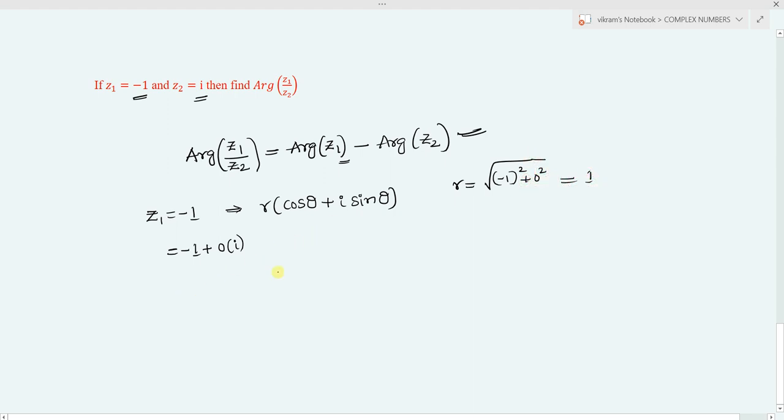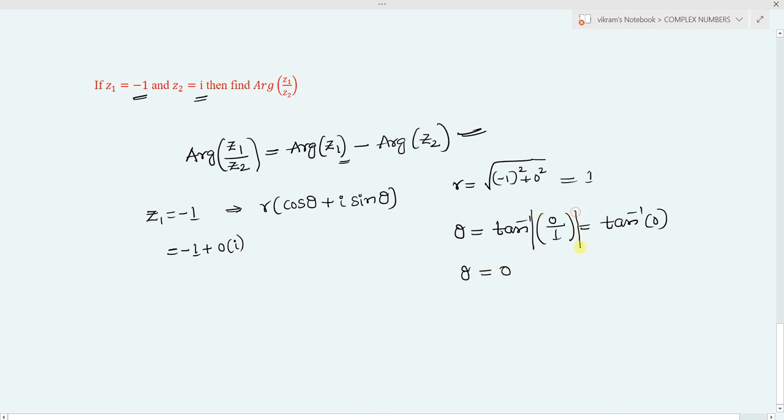Now what is theta? Theta equals tan inverse of imaginary by real, which is 0 by 1, simply tan inverse of 0. So here theta equals 0.